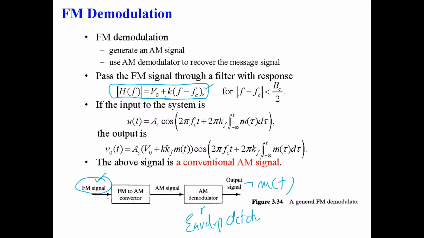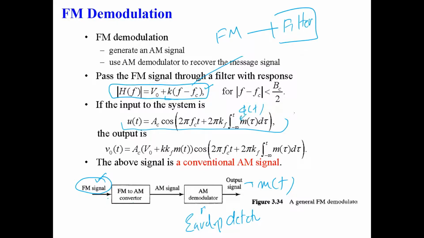If you pass your FM signal through a filter of this response, then in time domain, this is your typical FM signal, A_c cos(2π f_c t + φ(t)), where φ(t) is for the FM signal. If you multiply this with the time domain response of the filter, your final output will be this one.